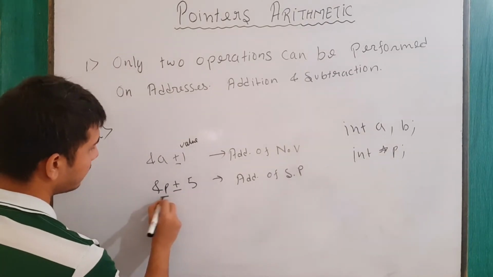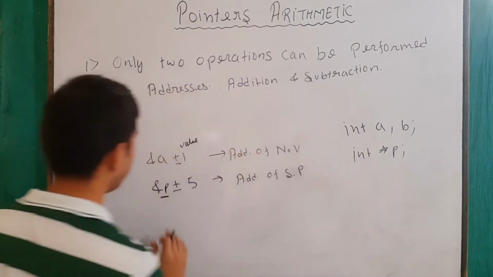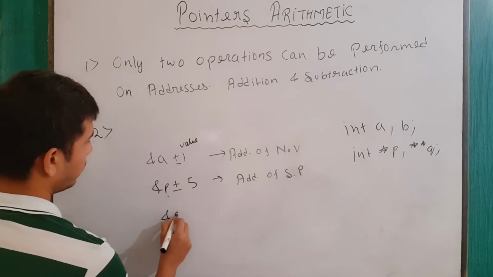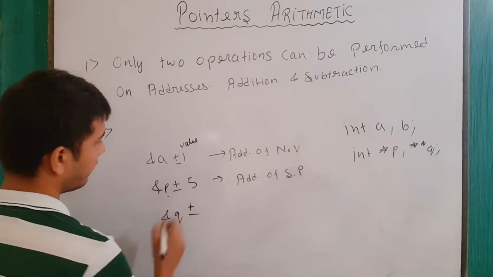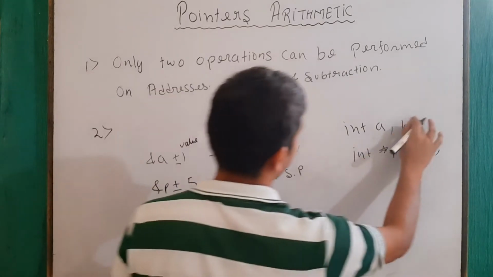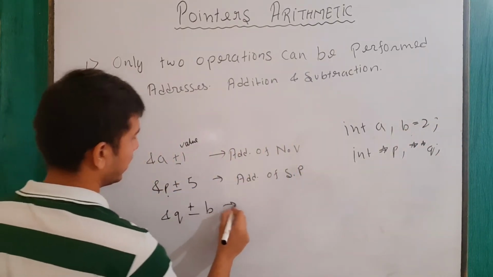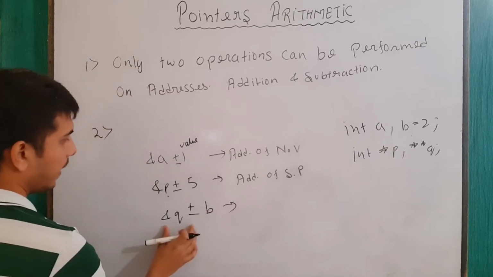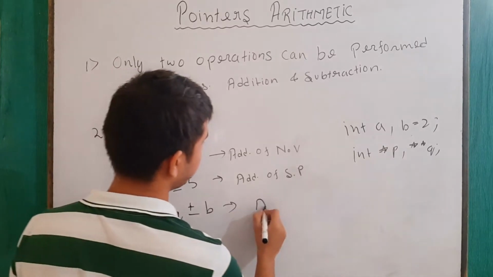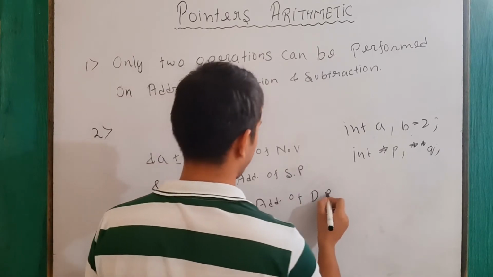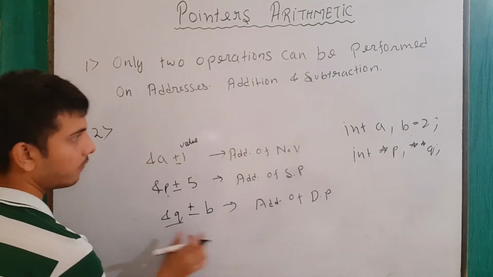Why? Because this is a single pointer. Similarly, if there is a double pointer **q, then &q plus or minus any value, let's say b equals 2, whatever the output will be, it will be considered as the address of a double pointer. Why? Because this is the main address of a double pointer.